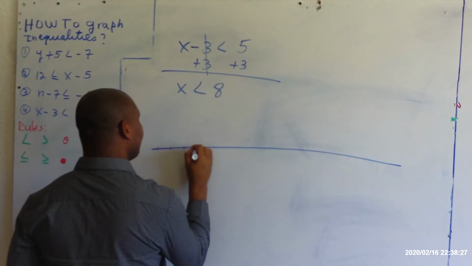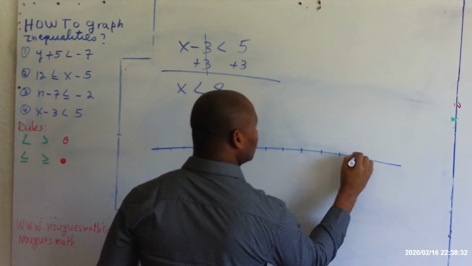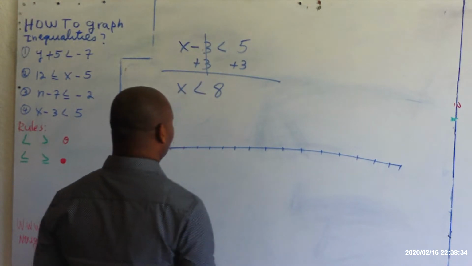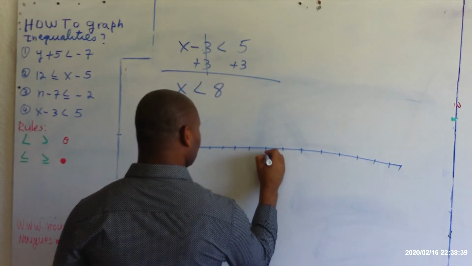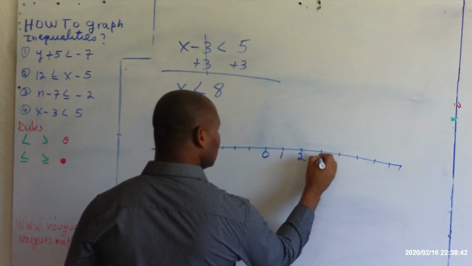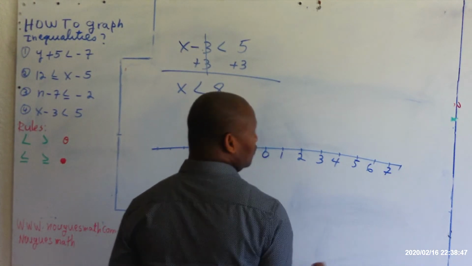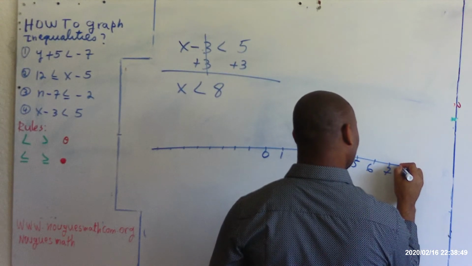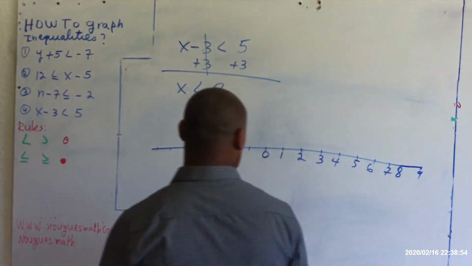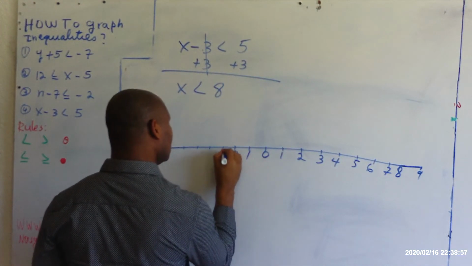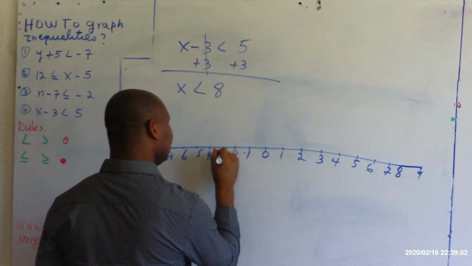So, number line. Center, 1, 2, 3, 4, 5, 6, 7, 8, and then negative numbers.